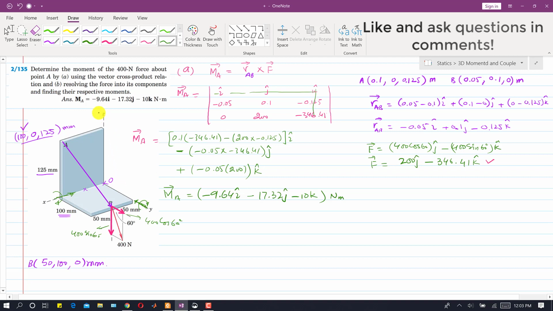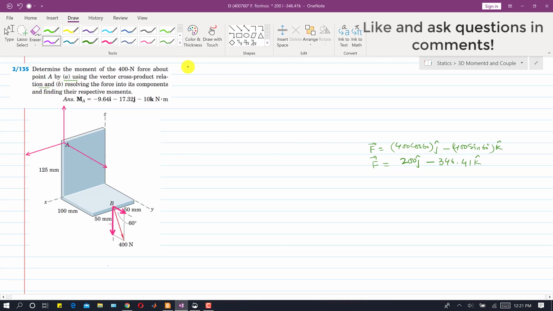Similarly, the thumb should point in the negative z direction. So all the moments about x, y and z are clockwise moments. So we have found this moment about A by using the cross product method, and this is the solution of part A of this problem.